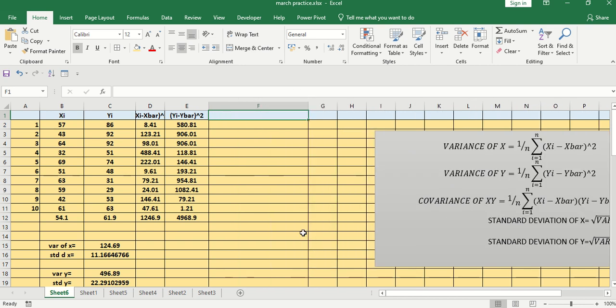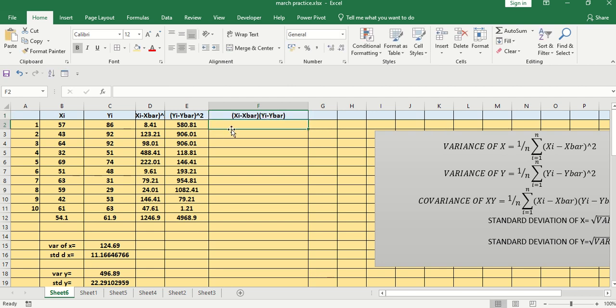It is given by xi minus x bar, you need to close that bracket and still multiply by yi minus y bar, then close the bracket.